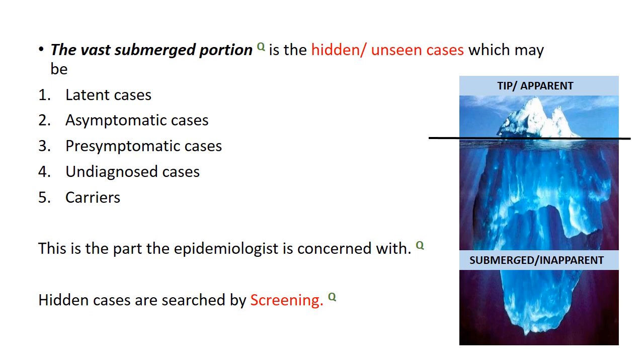This will increase the damages to his ship and the people traveling in the ship. So it is important that every sailor is aware about the submerged portion of the iceberg.